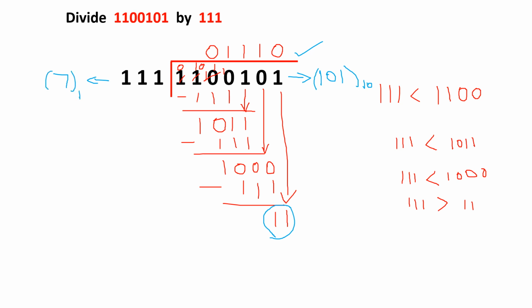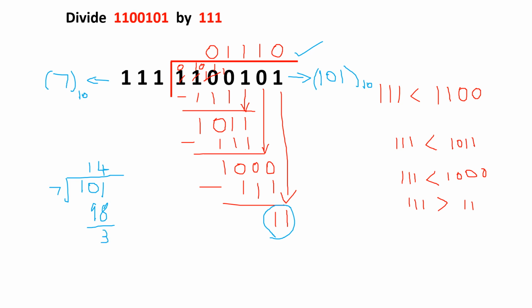So when you divide 101 by 7, the quotient is 14 and the remainder is 3.